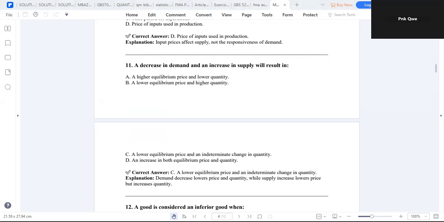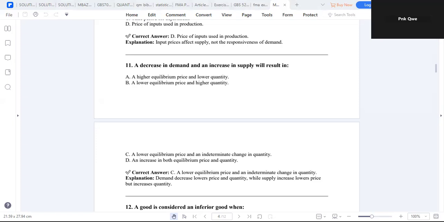So this will lower both what? The equilibrium price and quantity. And an increase in supply will shift to the right. This will lower what? Equilibrium price, but increase equilibrium quantity. So the net effect is that the price will definitely fall, but the effect on quantity depends on the magnitude of the shifts. Hence the term indeterminate quantity change.